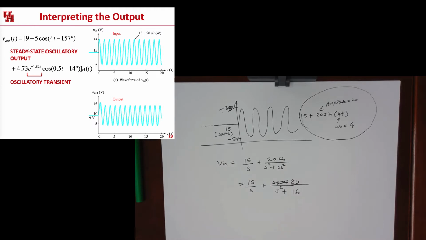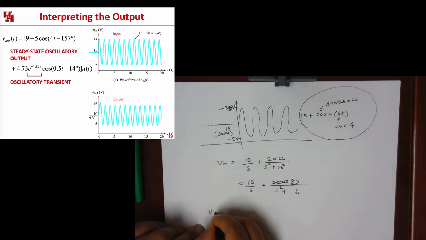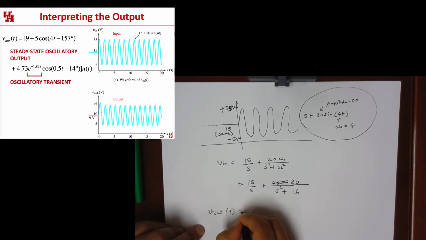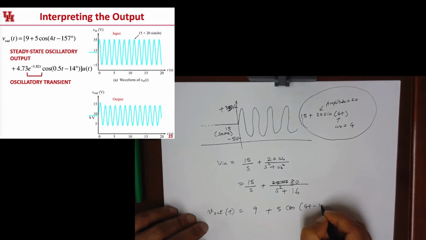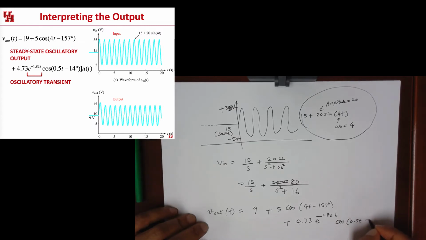But let's take a look at the output and see if we can do a little interpretation of the output. If you look at the output, it's got two sets of terms. The V output for this case is basically 9, which is like a steady state term, plus 5 times cosine of 4t minus 157 degrees, plus 4.73 e to the minus 1.82t times cosine of 0.5t minus 14 degrees, and this whole thing times u(t).